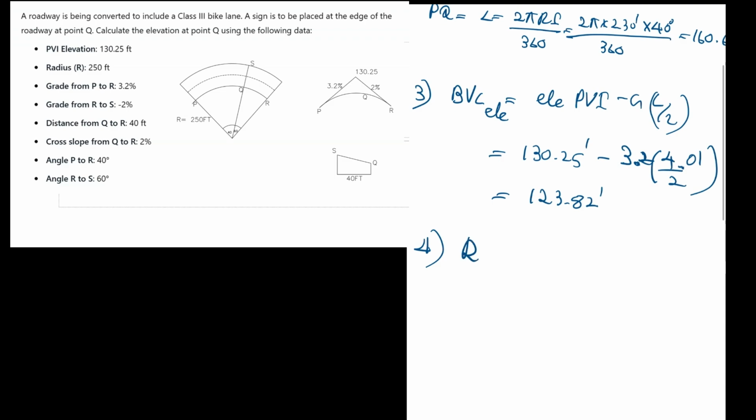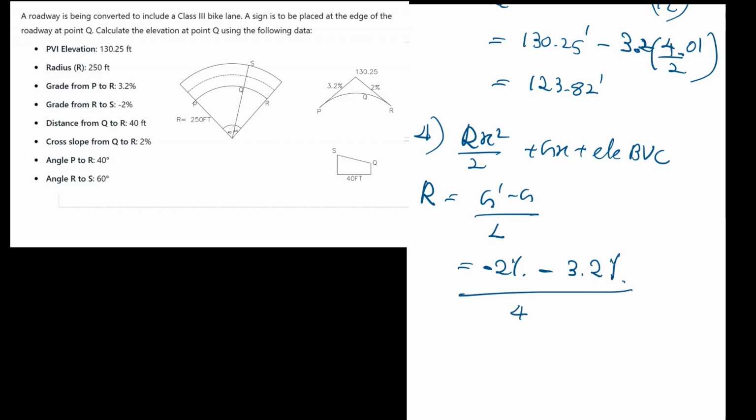The equation is R x squared over 2 plus gx plus elevation BVC. In here the R is not the radius, it's the gradient difference over L. The last gradient is 2%, but it's a negative, and then this is 3.2, divided by L, which we found is 401.